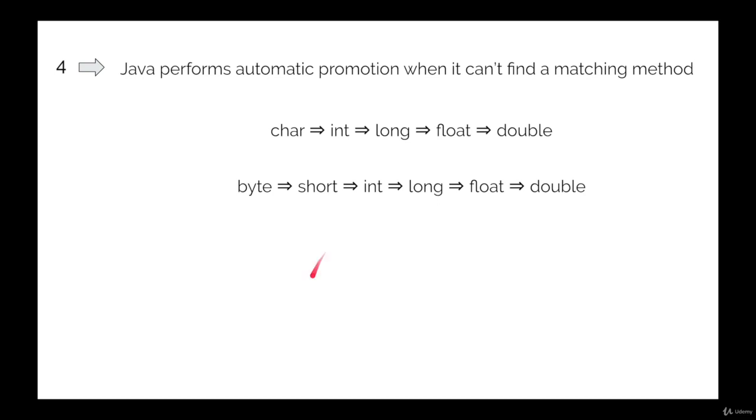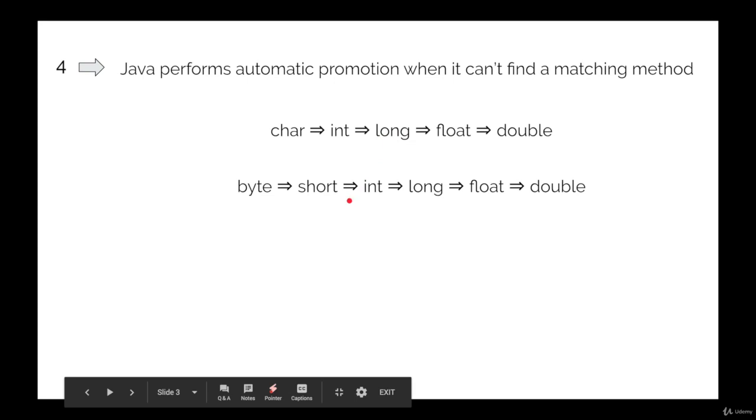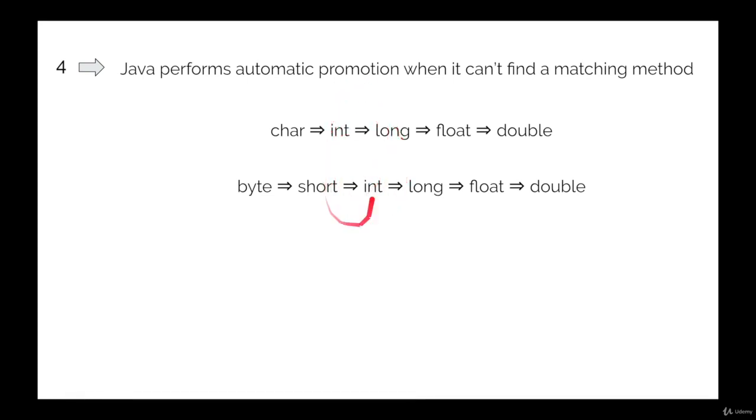First it tries performing these automatic promotions to find the matching type. And if the compiler doesn't find the matching type even after the automatic promotion, it throws the error. So this is a very important rule, and you guys please memorize this. This is also repeatedly asked in interviews to my students, and it's a very important interview question.